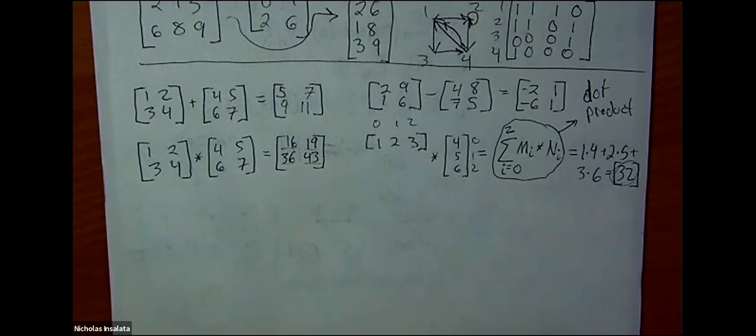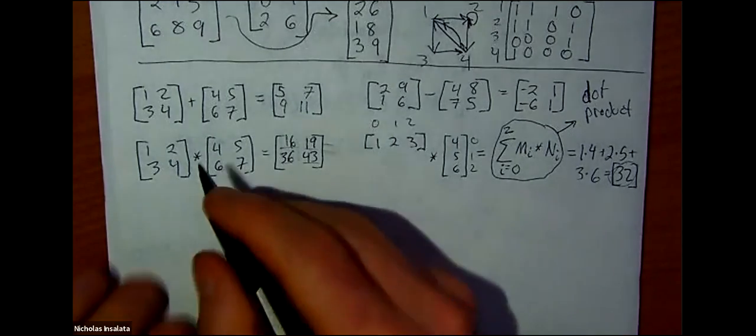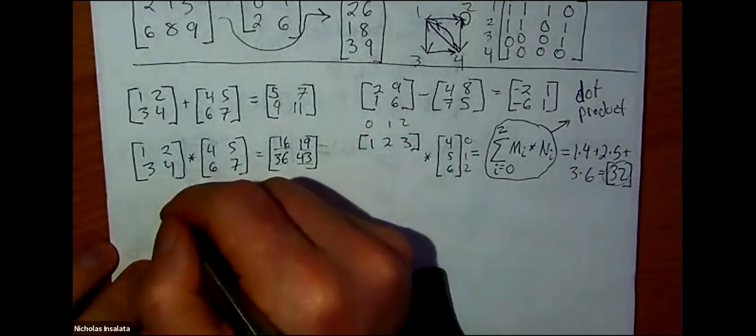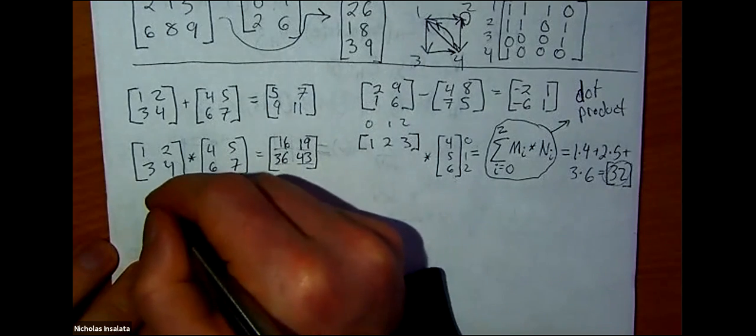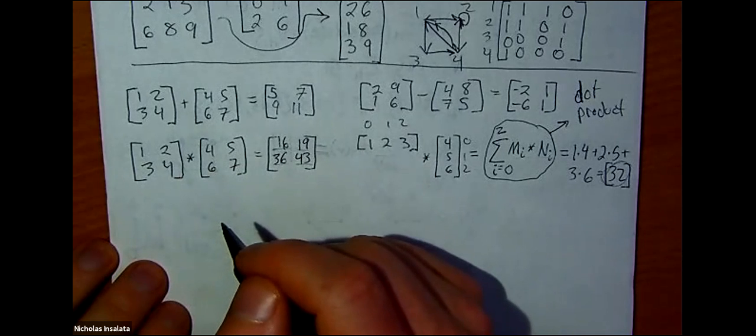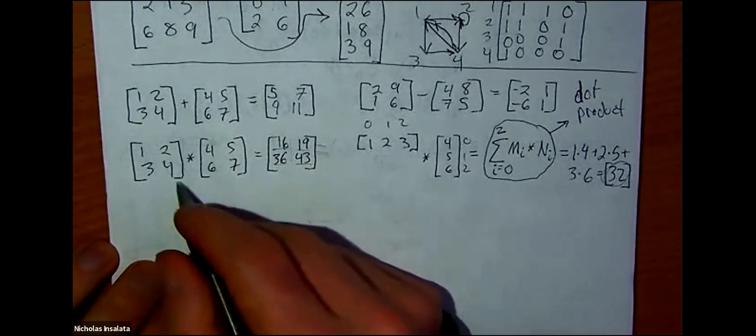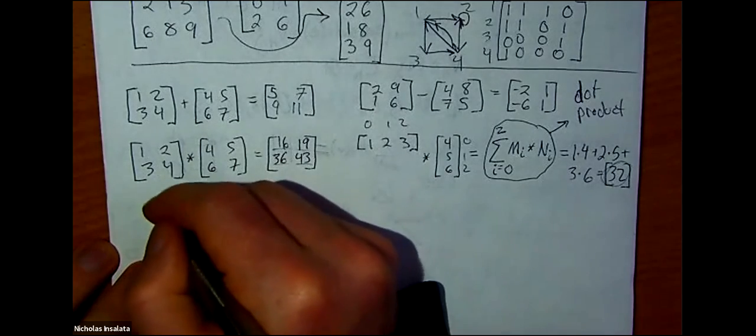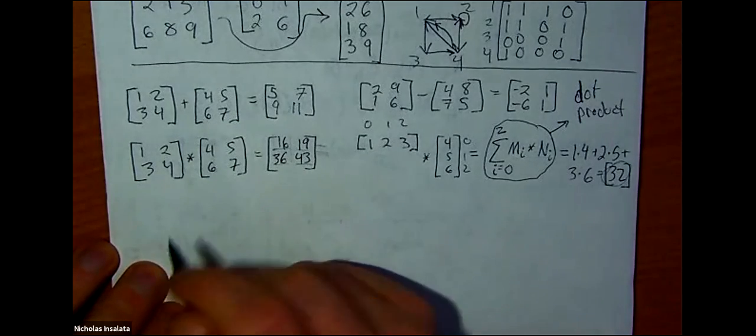Okay. So what if instead of a matrix times a matrix, I just do a single number? You can even think of it as a single matrix. There's another thing I can do, which is called scalar multiplication.